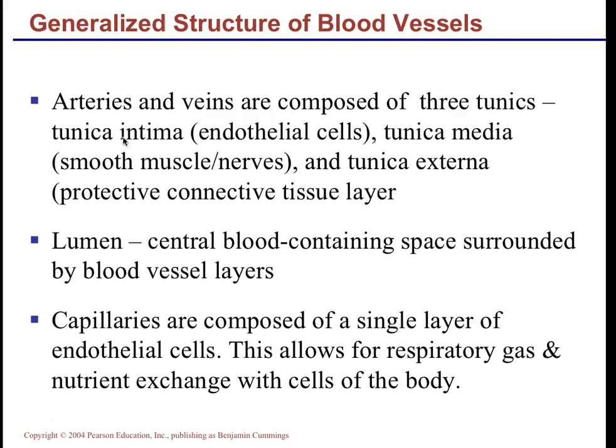And they are the cells that face the blood that's flowing by. Then the middle layer, tunica media, is where you're going to find your smooth muscles and your nerves. Smooth muscles become important in arteries, especially because they will allow the medulla's sympathetic nerves to innervate them.